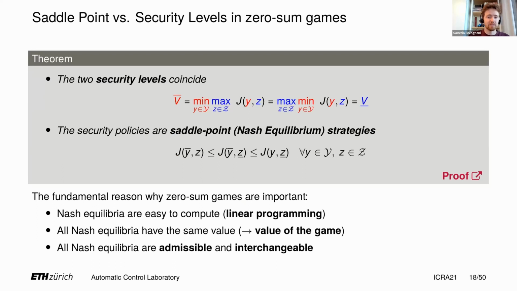Well, there's a theorem that says that these two levels actually coincide. So announcing your decision or not announcing your decision doesn't make a difference in zero-sum games. And if you take the two, these security policies are actually what you should play. They are the Nash equilibrium strategies. Okay? The proof is pretty simple.